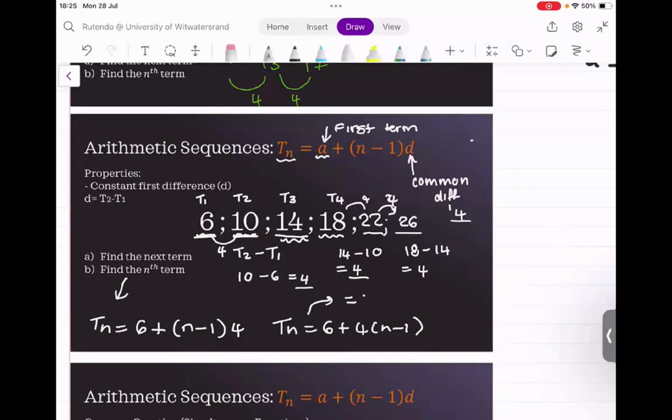I'm going to multiply this 4 in there and this 4 in there, so I'll have 6 plus 4n minus 4. So the final formula could be Tn is equal to 4n plus 2. That's simplified, but you could still leave it in that form and it would still be correct.